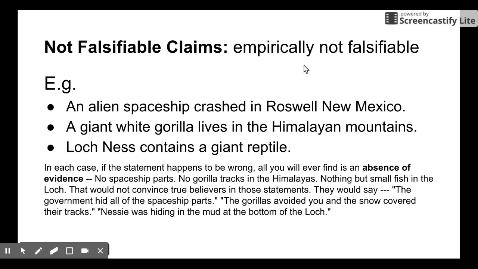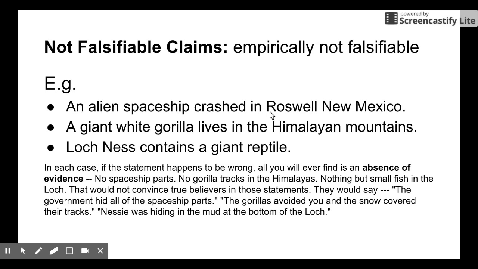Empirically not falsifiable claims are something like these examples. Let's take a look at the first example closely. An alien spaceship crashed in Roswell, New Mexico. This claim is empirically not falsifiable.